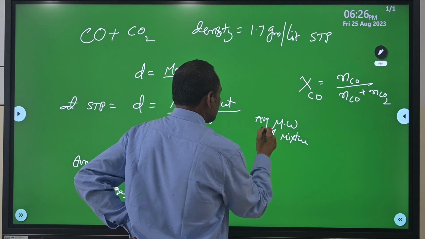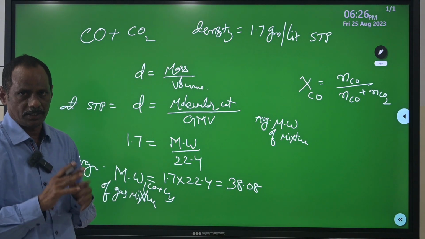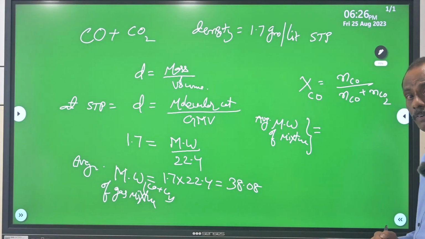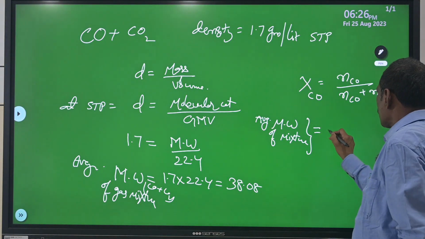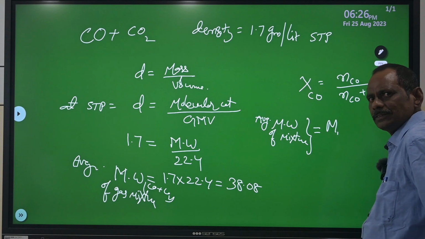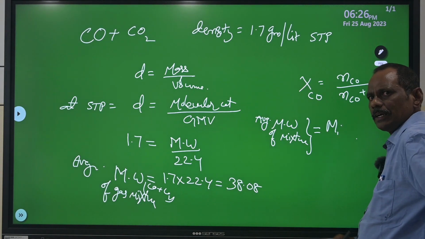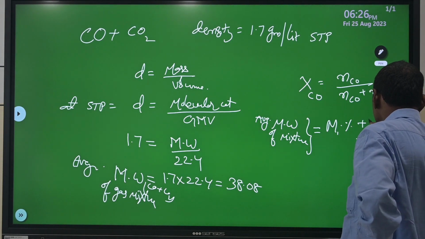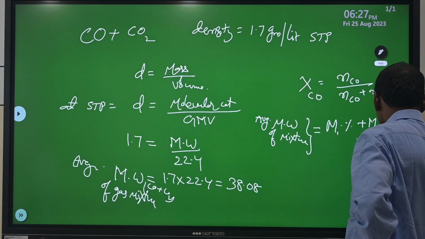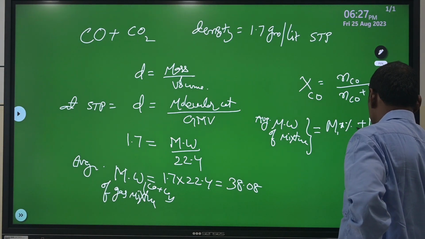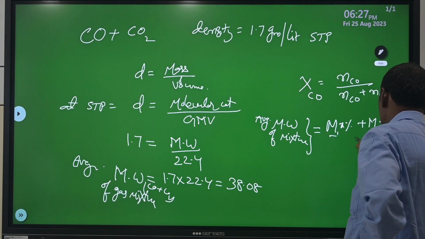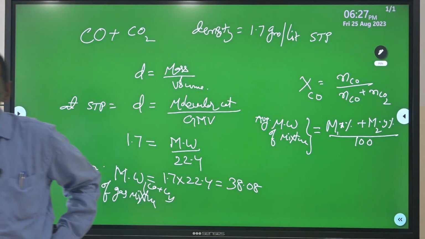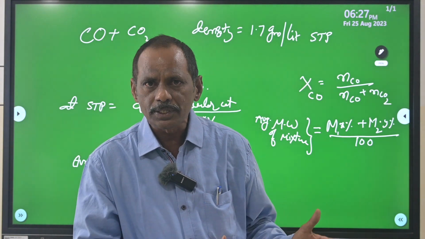It is average because it is not the molecular weight of a single gas, it is a mixture. The average molecular weight of a gas mixture is equal to the molecular weight of the first gas into its percentage plus the molecular weight of the second gas into its percentage. Let us take that it is X% and Y%, by 100. We can calculate the average molecular weight of isotopes by using the same formula.